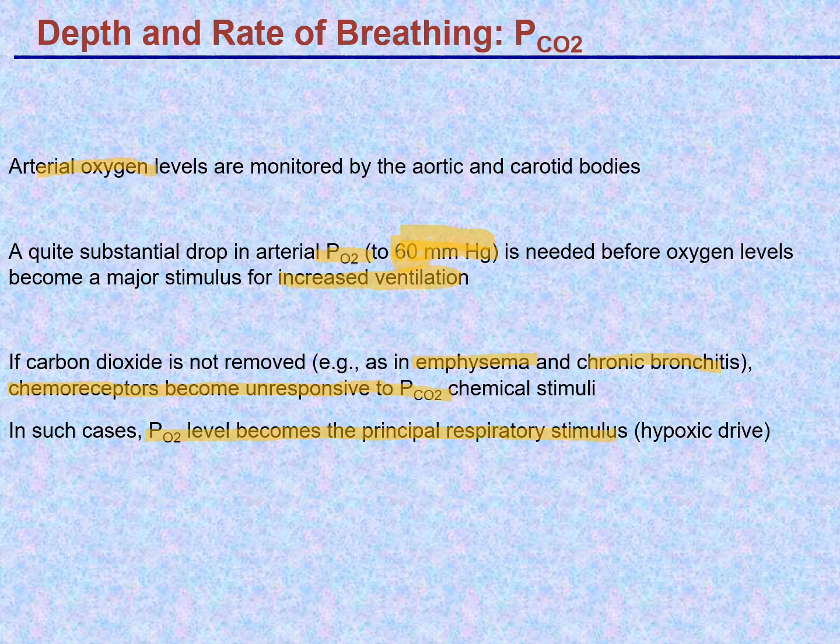That situation is called hypoxic drive, where the main driving effect on the rate and depth of ventilation, the respiratory drive, is due to the PO2 level, because the person with chronic hypercapnia stops responding to PCO2. So when the PO2 level drops far enough, then they'll respond. Hypoxic drive. That's the driving stimulus to drive the respiration rate.